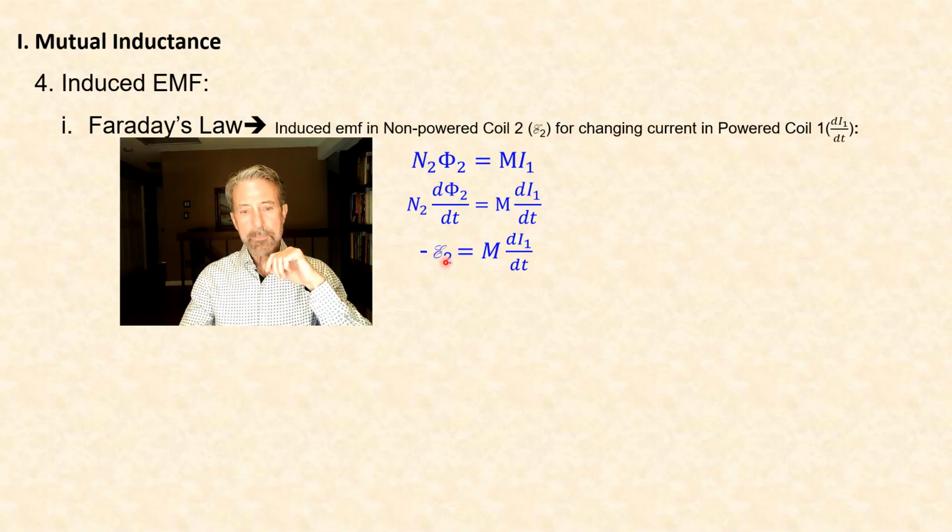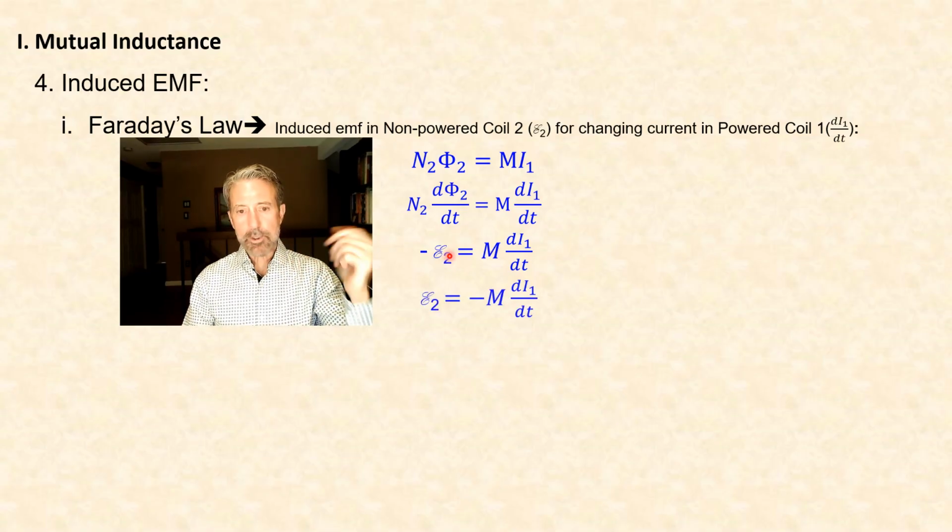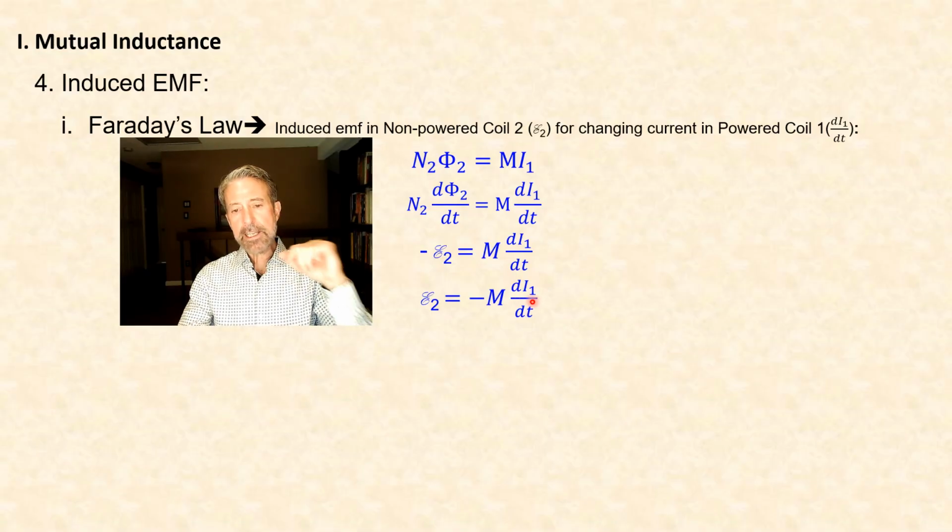So when we multiply both sides by -1, we end up with the result that the induced EMF in the non-powered coil is equal to the opposite of this proportionality constant, mutual inductance, times the time rate of change of the current in the powered coil.